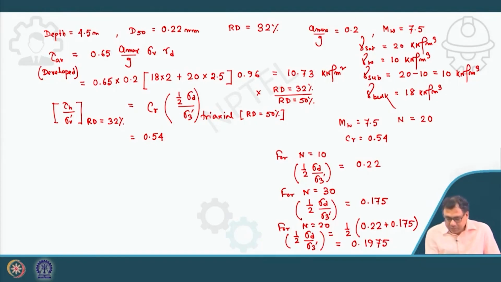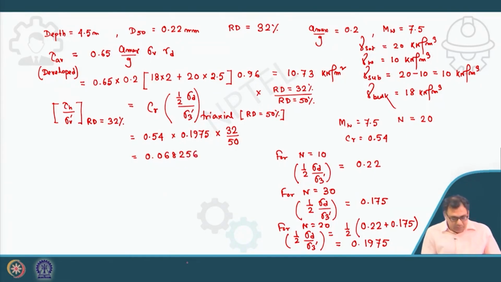Now this is also known, so I will put it here, 0.1975, then this is 32 divided by 50. So this value is 0.068256.